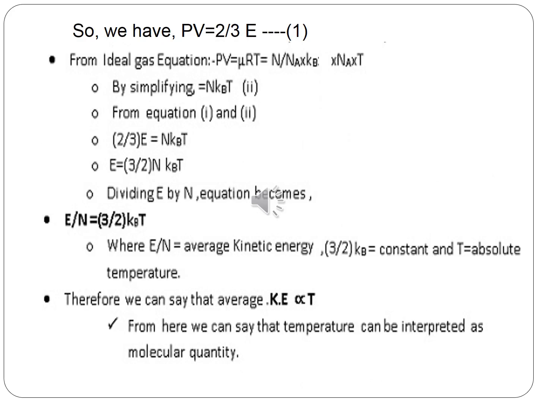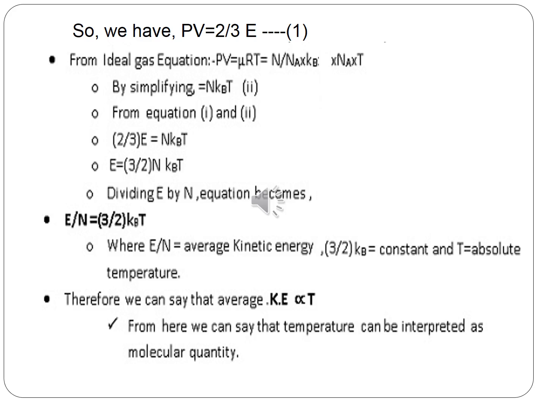So, we have the expression PV is equal to 2 by 3 into E, which is expression 1. From the ideal gas equation, PV is equal to nu RT, since nu is equal to N by Na and R is equal to kB Na.